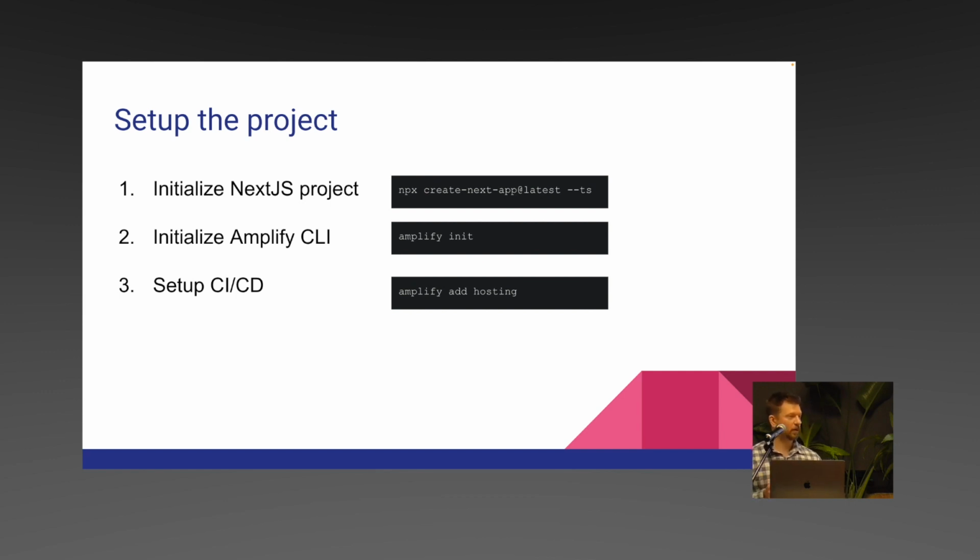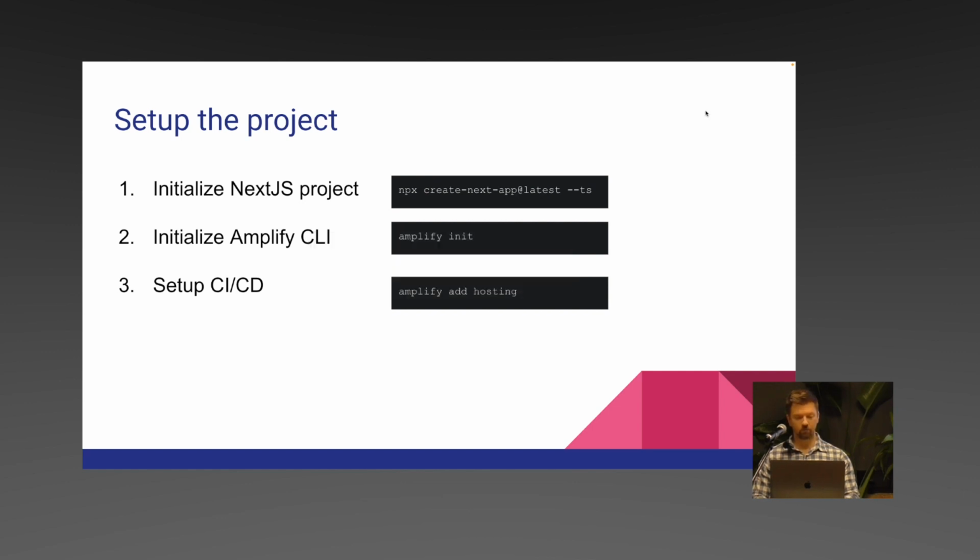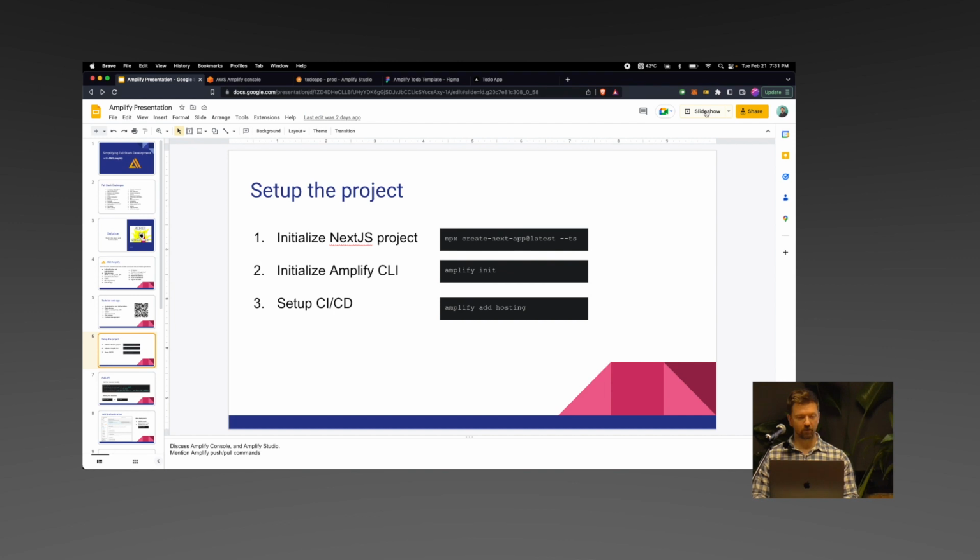Next, we will start by adding a CI/CD pipeline to our project. And this is just one command, amplify add hosting, which will prompt us to, I'll be switching tabs here.